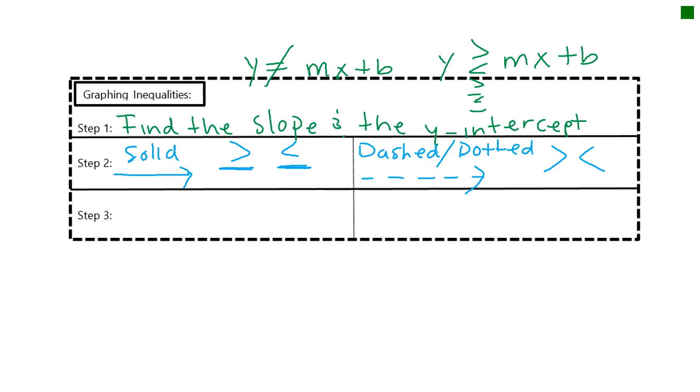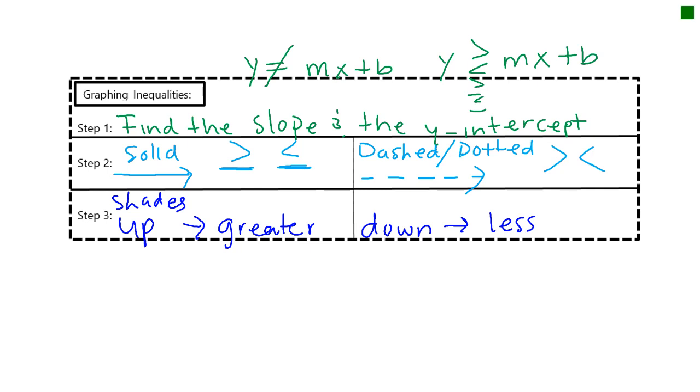Okay? After you figure out the line and what kind of symbols you're gonna use, you're gonna go to step 3. You're gonna have to decide if it shades up or down. If it shades up, that means it's greater. If we shade down, it's less.